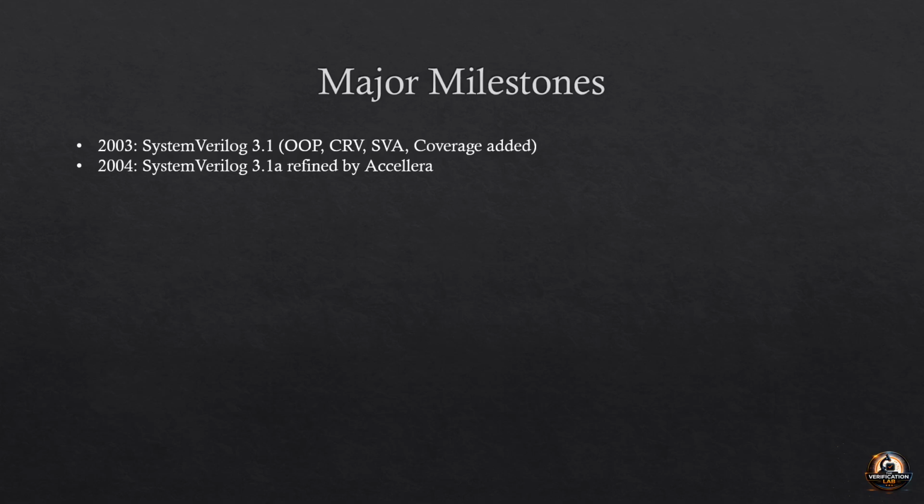In the year 2004, SystemVerilog 3.1a was refined by Accellera and it was donated to IEEE, and IEEE gave it the number 1800. So this step officially unified design and verification into one language.